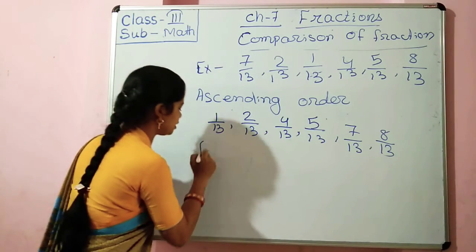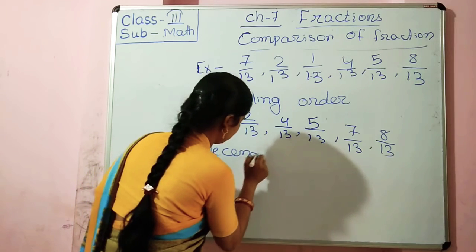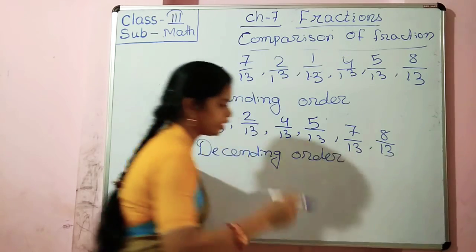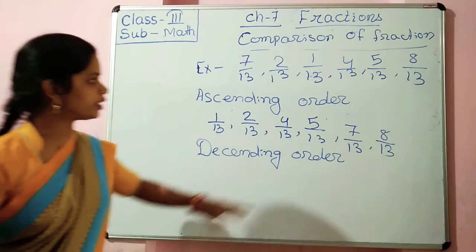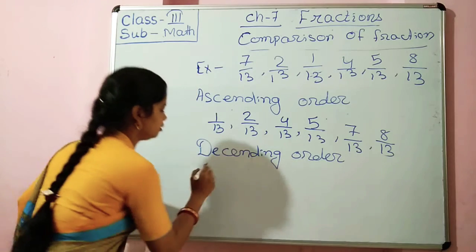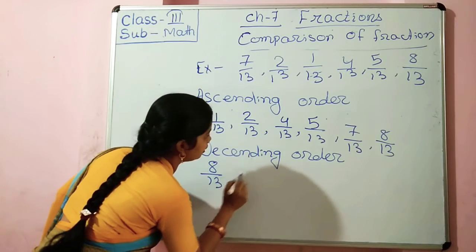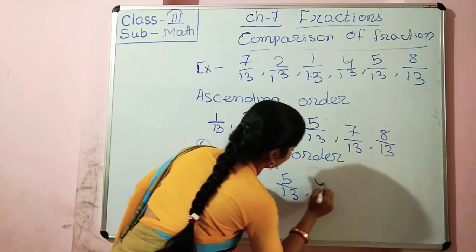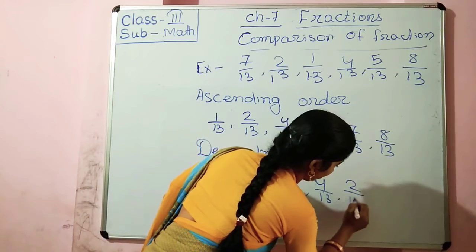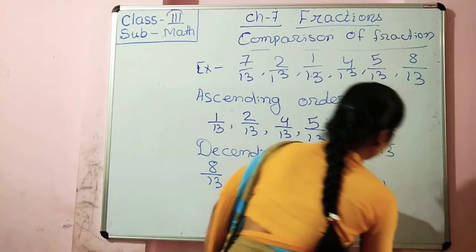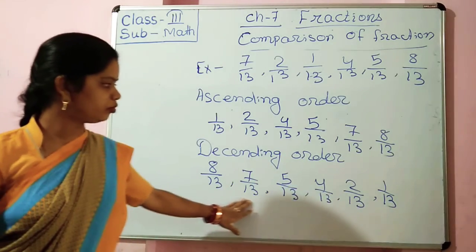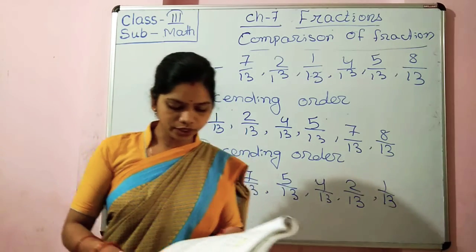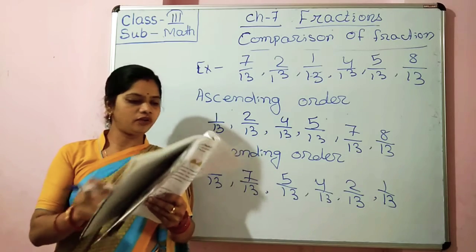If we arrange it in descending order, it means क्या? Descending order means we arrange the numbers from the greatest number to the smallest number. Here the greatest number is 8 by 13, then 7 by 13, next 5 by 13, 4 by 13, 2 by 13 and 1 by 13. Okay. Here is the greatest number, and this is the smallest number. Okay, it is your ordering of fractions.